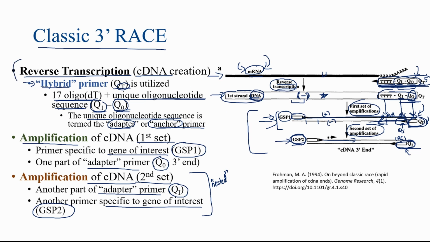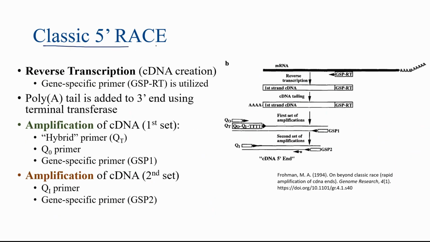We've done reverse transcription, followed by a first set of amplification, followed by a second set of amplification with nested primers that are more internal. So the classic 5' RACE is similar, albeit it has more steps and maybe a little bit more complicated. In classic 5' RACE, as we did in classic 3' RACE, we started with reverse transcription, which is the process of cDNA creation.